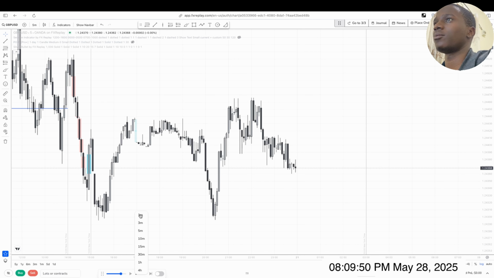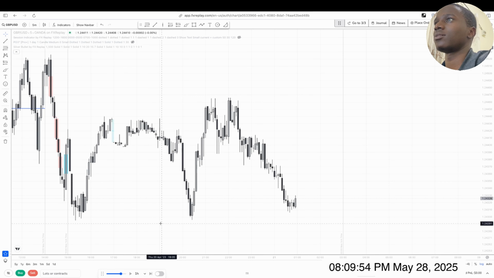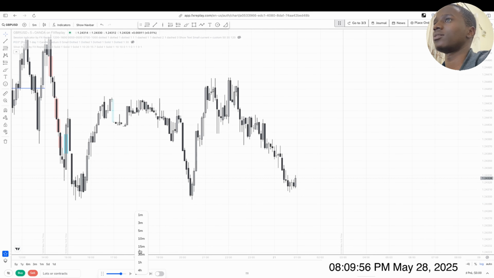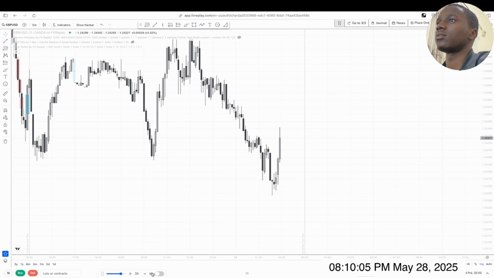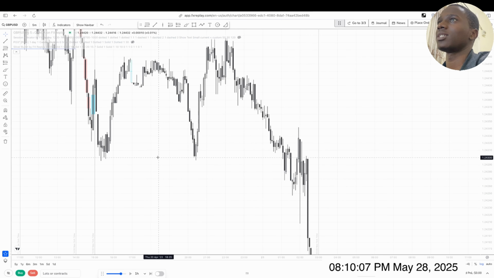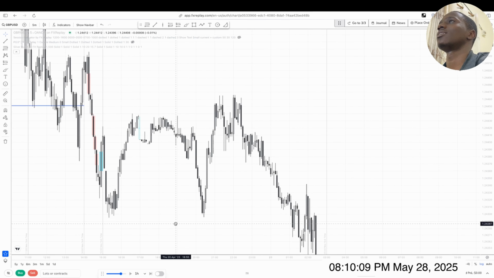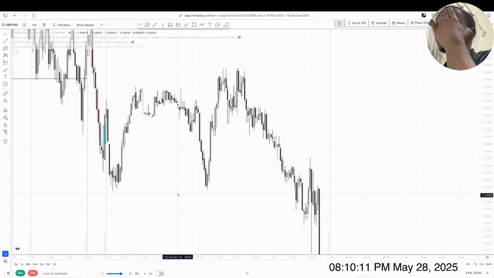So when we go to the 1 minute, 1 hour, fast forward a little bit. Here's the silver bullet session. So we end up taking the equal lows, as you can see, and it was really nice price delivery.